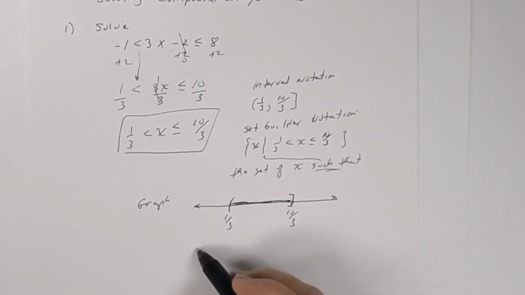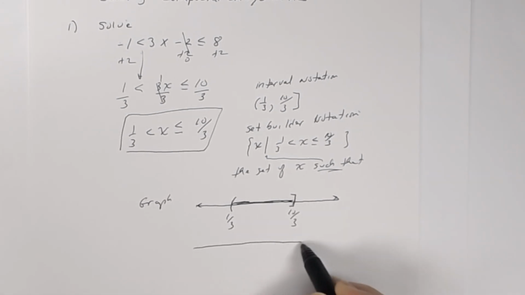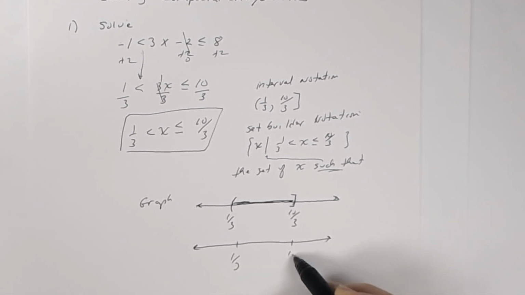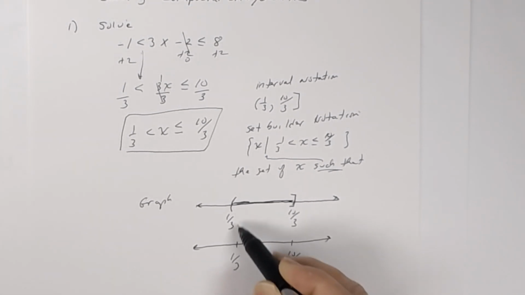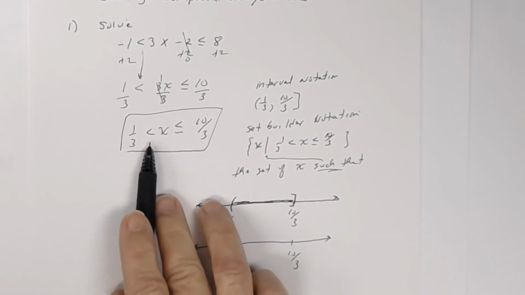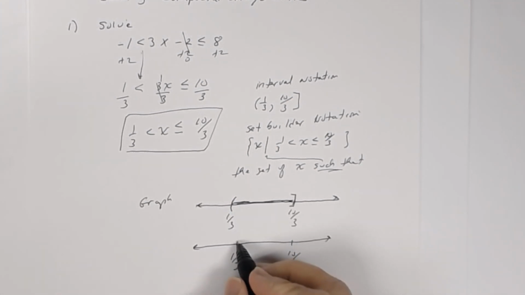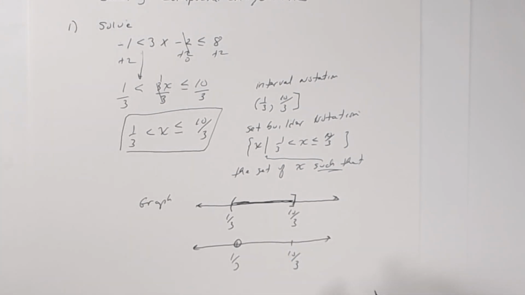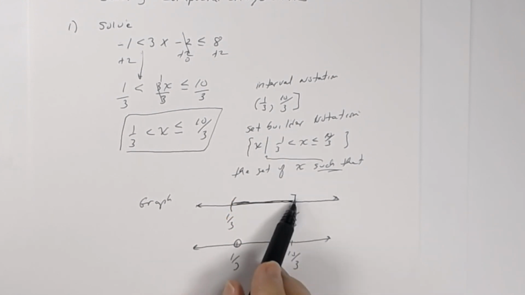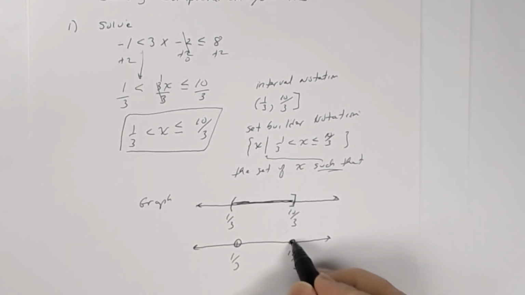Now let me say this. There are some textbooks that will do this as well, and that's fine. They'll put 1/3 and 10/3, and since this is a parenthesis, since there's no equal sign, you're going to put an open circle. For a bracket, with the equal sign, you're going to put a closed circle.